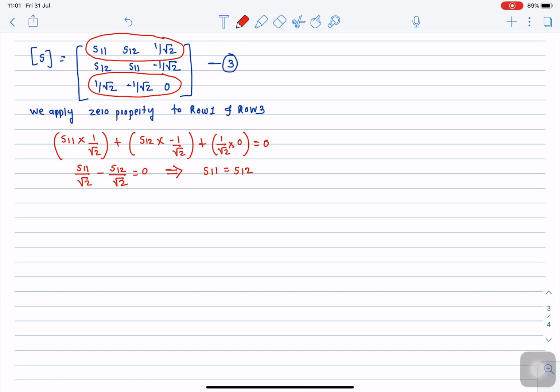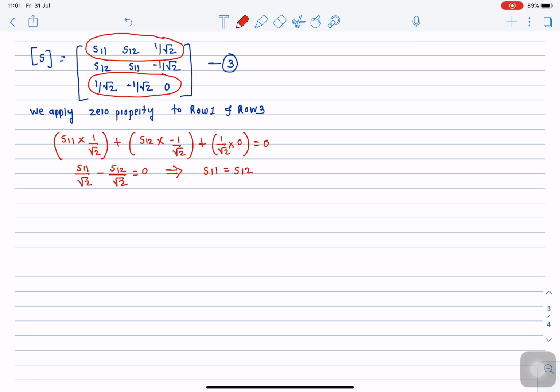Okay. So next what we do is we will apply one more and last property. We apply the unit property now, only to row 1. Okay, so what is the unit property for row 1? It is the sum of the product of each term with itself, equated to 1.